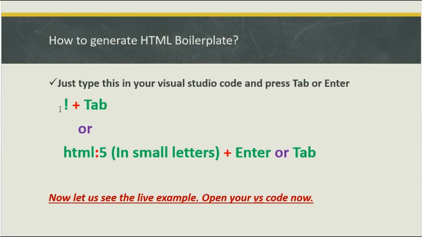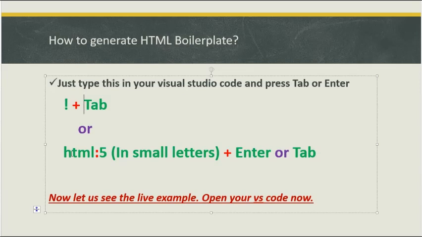So in order for us now to generate it, most code editors have a way of generating this boilerplate because it is very tedious to write it from scratch. When it comes to Visual Studio Code, which we are going to be using, we just type an exclamation mark plus tab, then it generates this boilerplate for us.